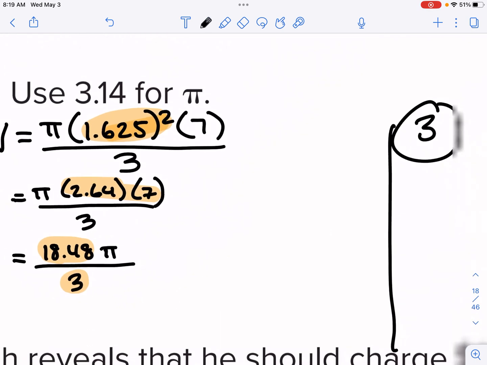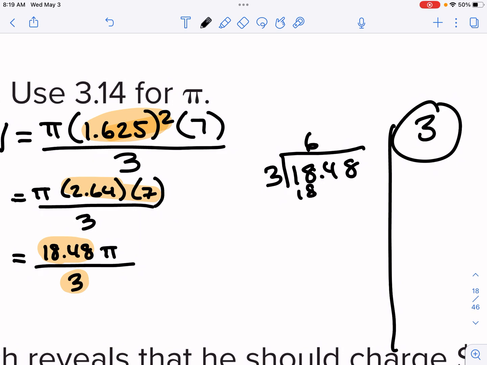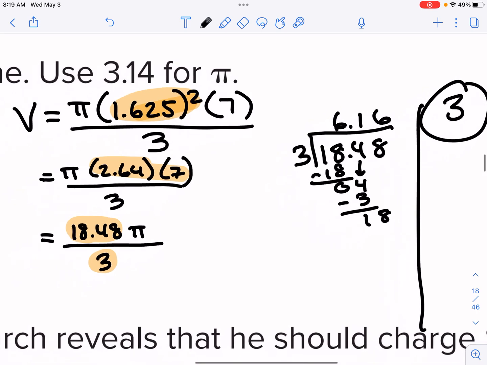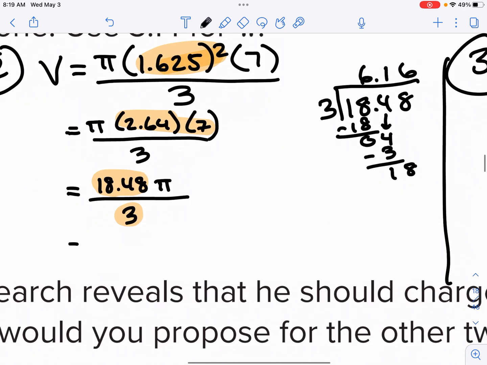It looks like it goes in evenly because 3 can go into 18 six times. It can go into 4 once. 1 times 3 is 3. 4 minus 3 is a 1, and then we get another 18 here, and as we saw earlier, it can go into it 6 times. So this is 6.16.